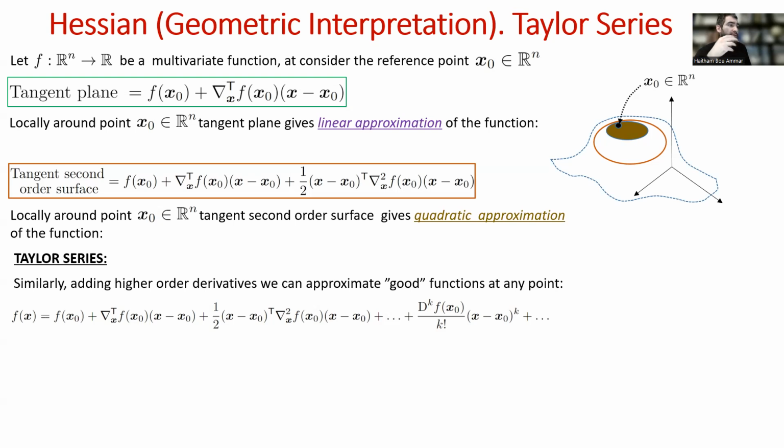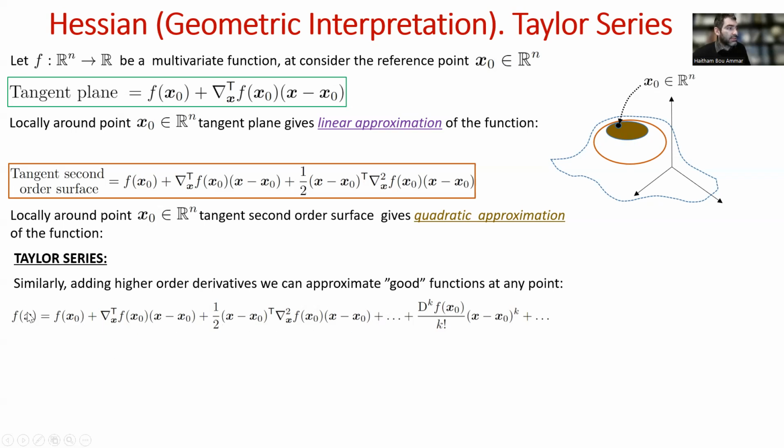Then there is a theorem in calculus that tells us that this function can be approximated at point x in some neighborhood of the point x0 by the so-called Taylor series. In the Taylor series, we have the value of the function at x0, plus the linear term, plus the quadratic term, and so on.